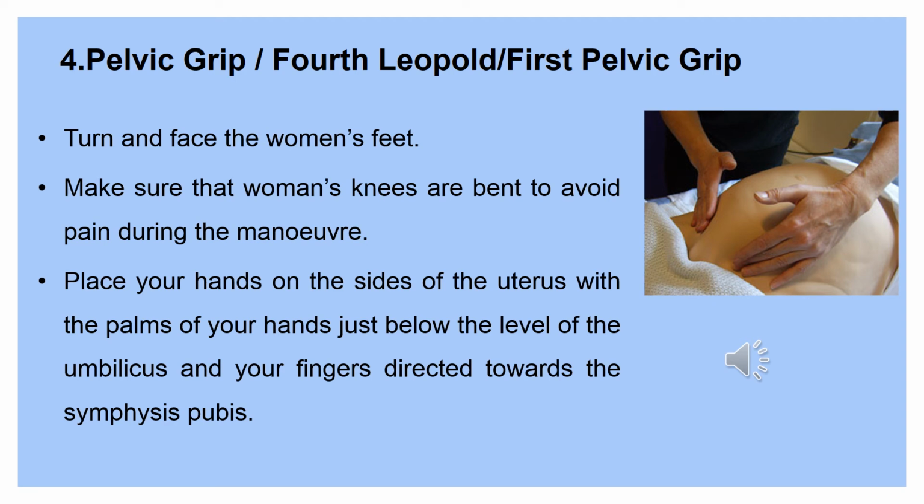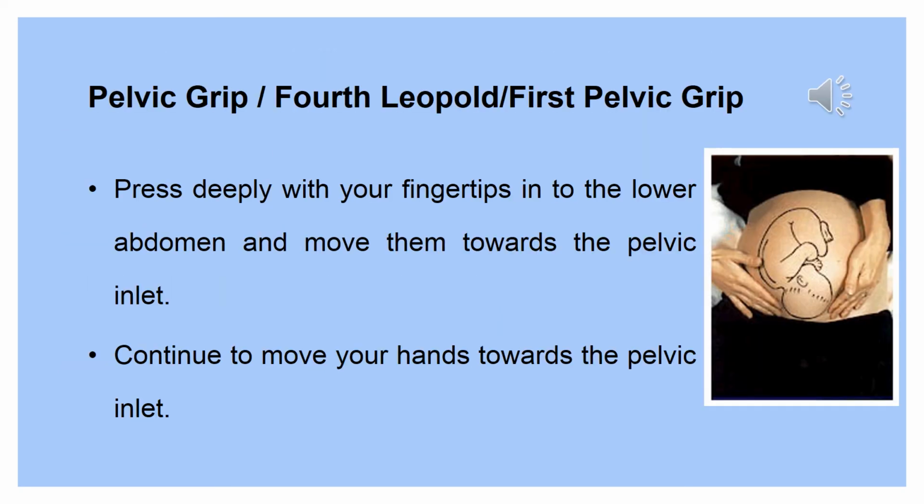Place your hands on the sides of the uterus with the palms of your hands just below the level of the umbilicus and your fingers directed towards the symphysis pubis. Press deeply with your fingertips into the lower abdomen and move them towards the pelvic inlet. Continue to move your hands towards the pelvic inlet.